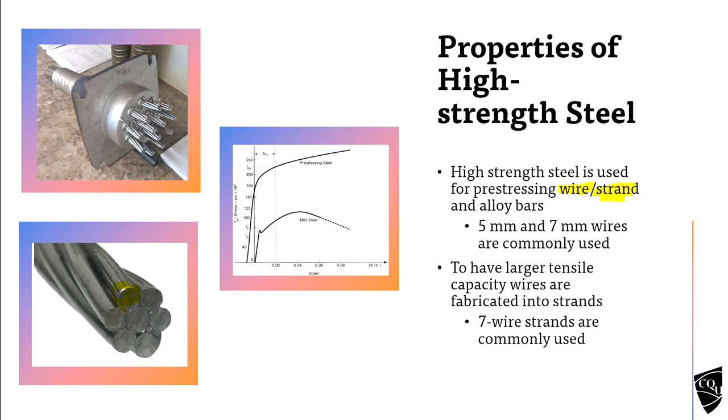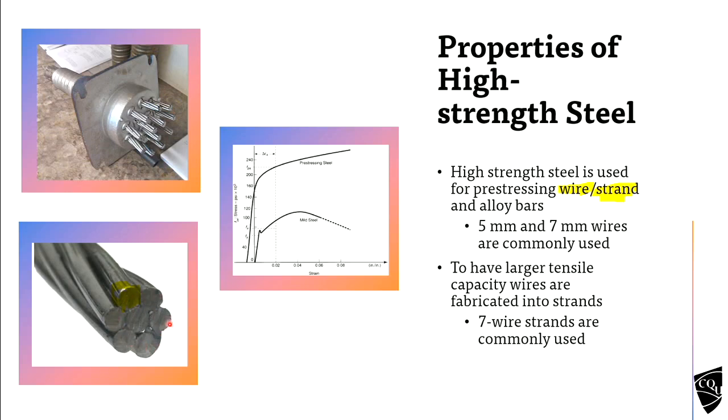So there are 7 wires. You can see 7 wires. This is one wire, this is one wire, and we have 7 wires here.